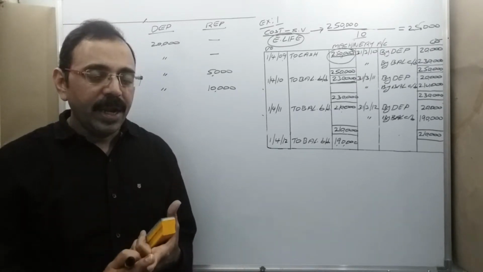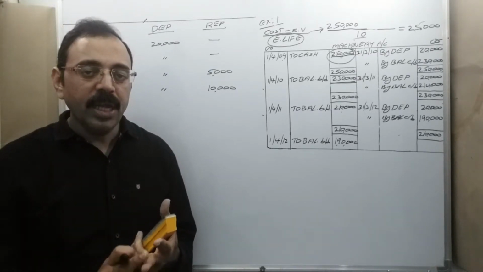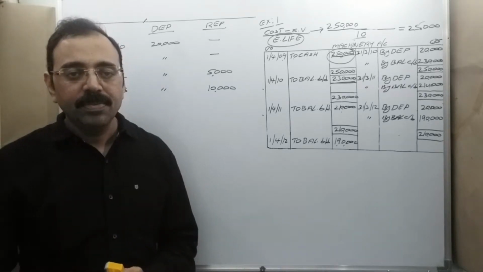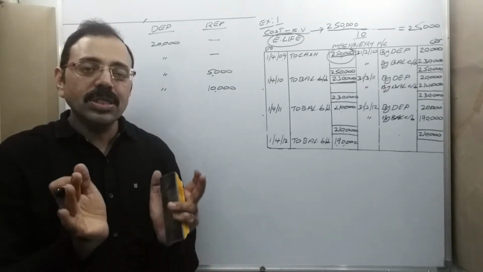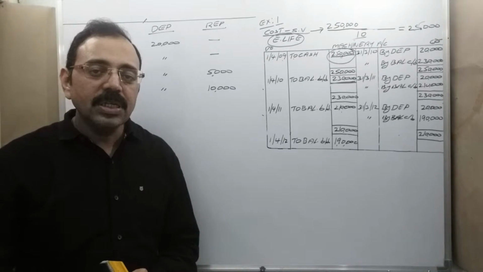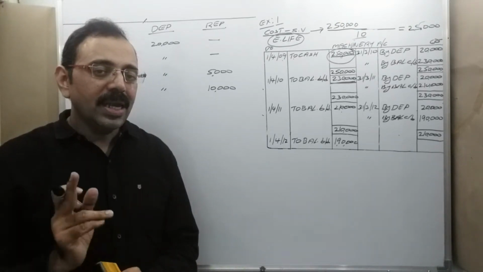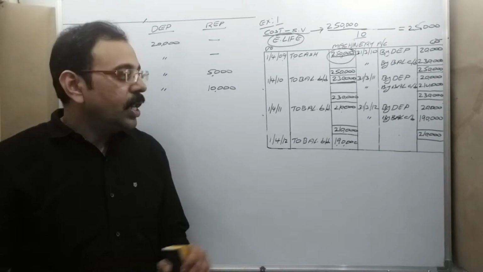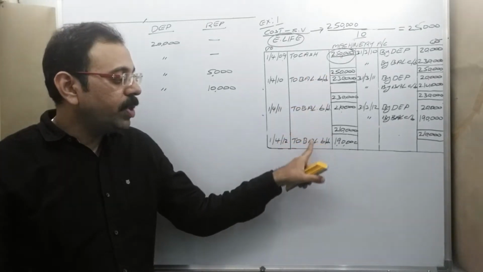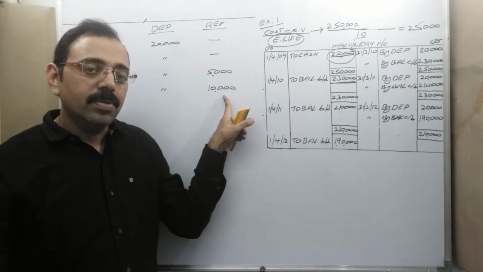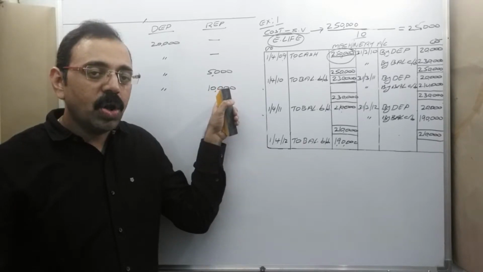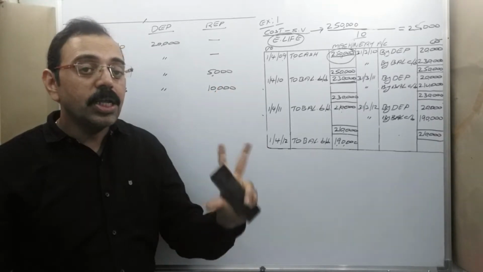Copyrights, patents, leasehold properties, trademarks. Because we purchase them based on some contracts. We purchase them for particular period. Okay? Then second requirement is what? Repair expenditure should be nil or the expenditure on repair should be a negligible amount.